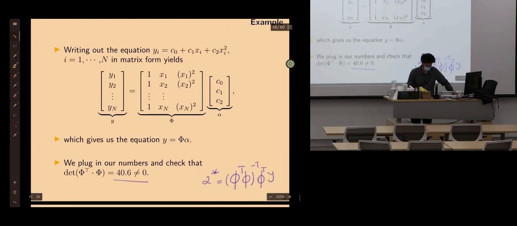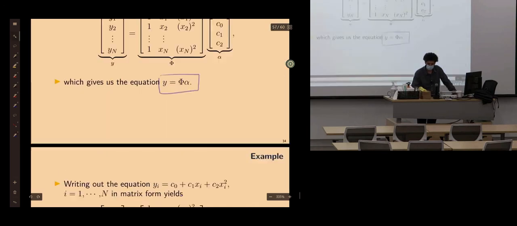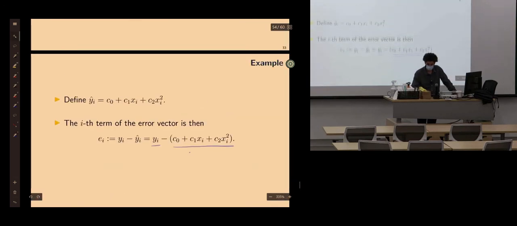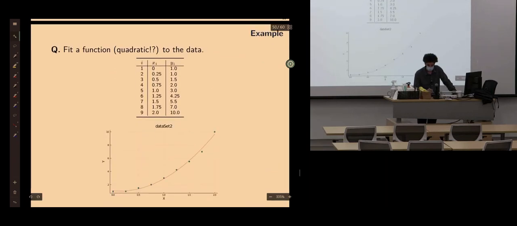Okay. I'm going to answer this question quickly. Ben is asking, how do you get the determinant of phi transpose phi if there is no number? There is a number. There is no variable in phi. These are all numbers, x1, x2, xn. These are all numbers that we get from this table, right?